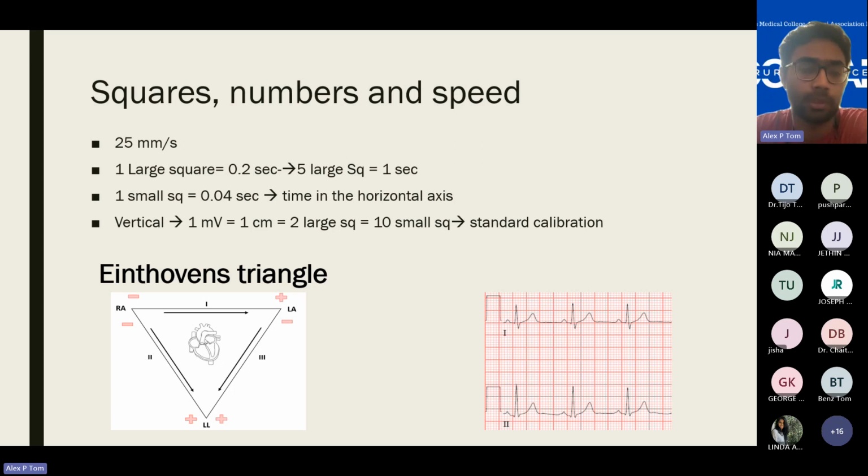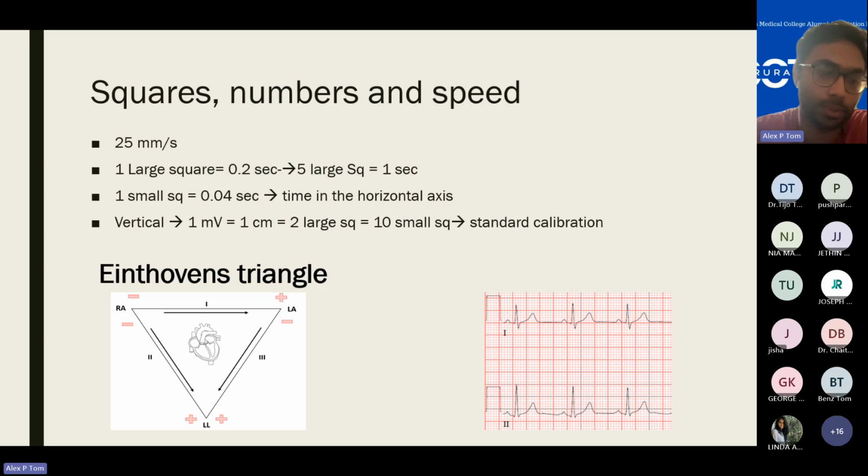You must also remember Einthoven's triangle and Einthoven's law, and it's based on this that Einthoven developed the entire concept of ECG. Basically, this whole diagram says the vector sum in lead 2 is equivalent to the vector sum of lead 1 and 3.